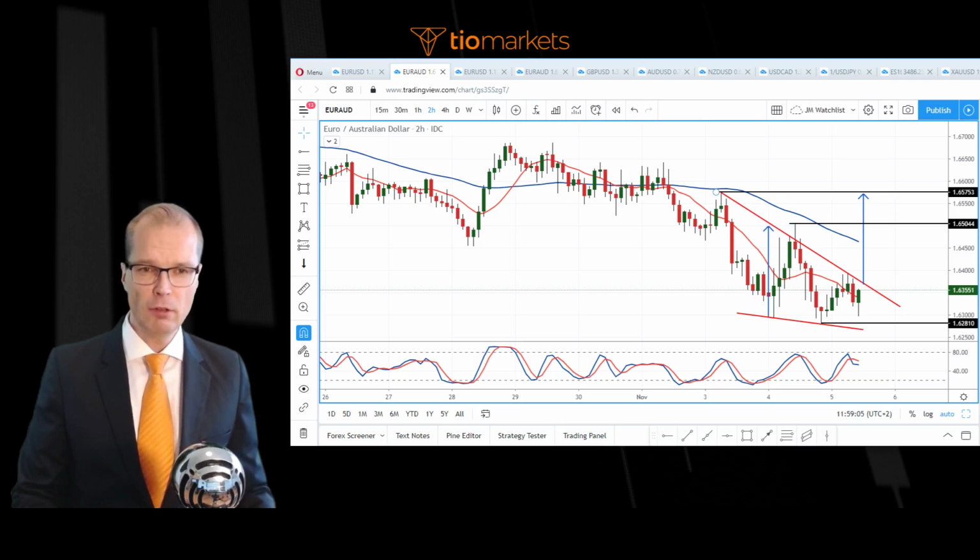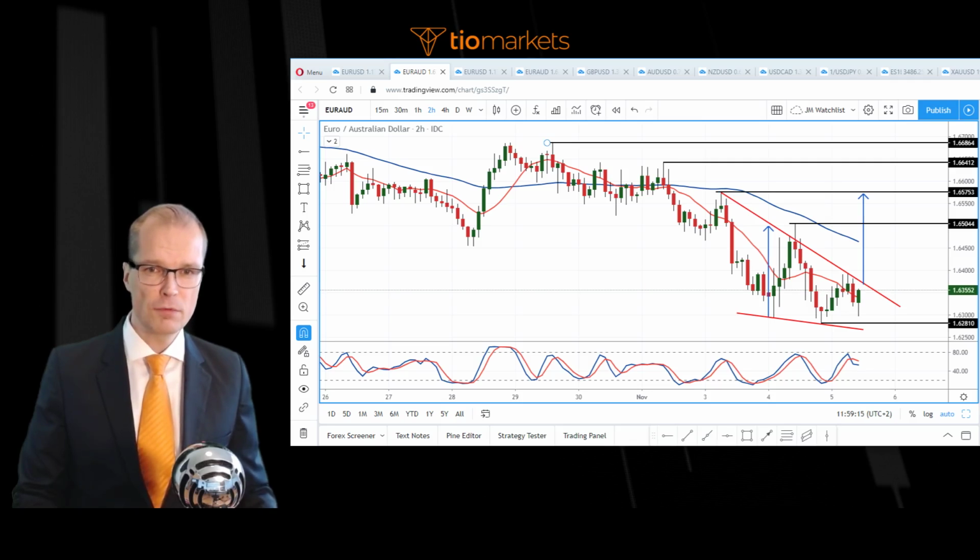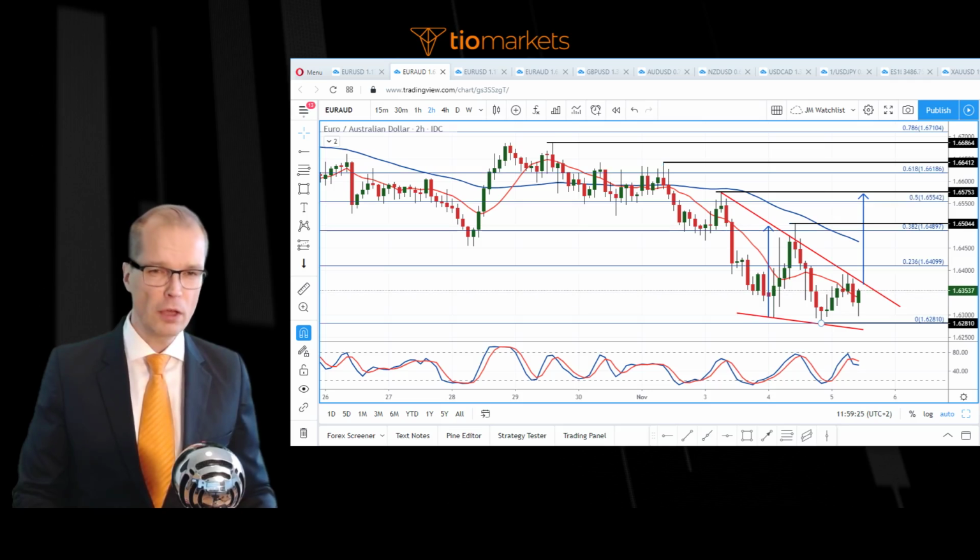The next level coincides with our projection there at 65.75, and key levels after this are here at 66.41 and 66.86. So I think looking at this price action and the factors that come together at these levels, it's safe to say that we do have some potential on the long side here in this market.